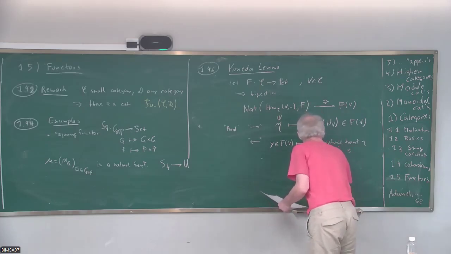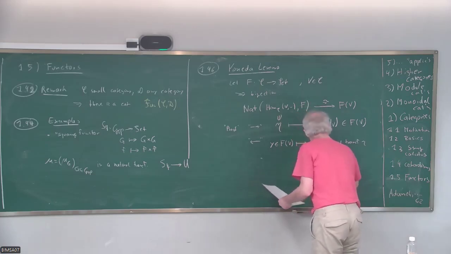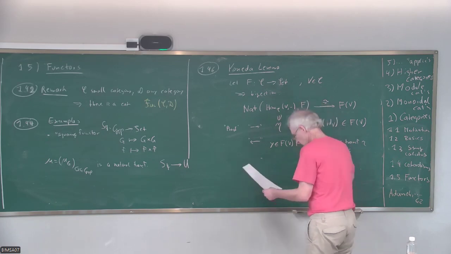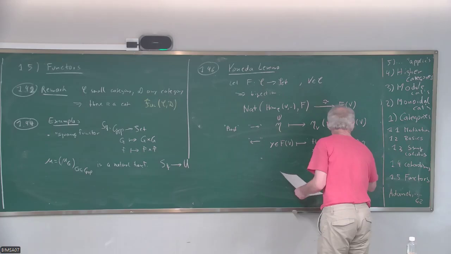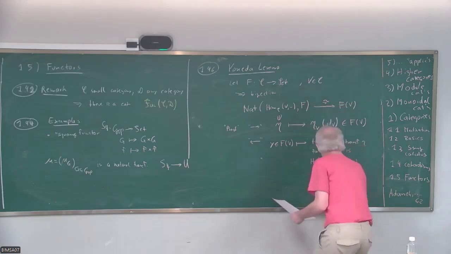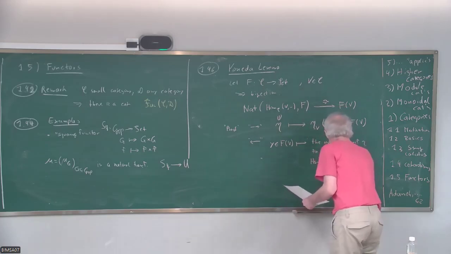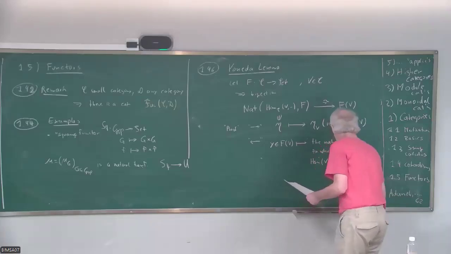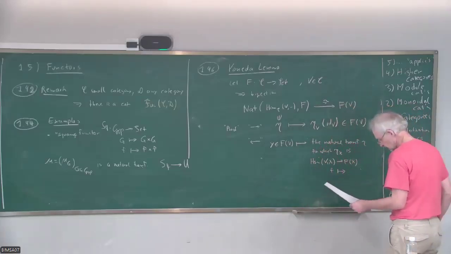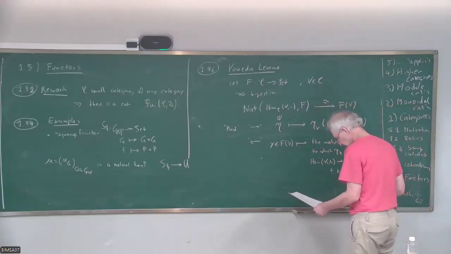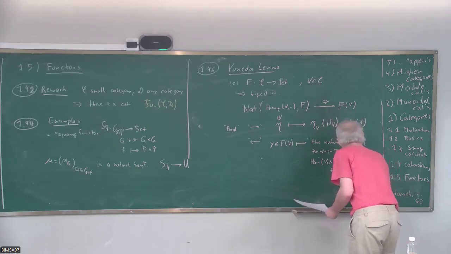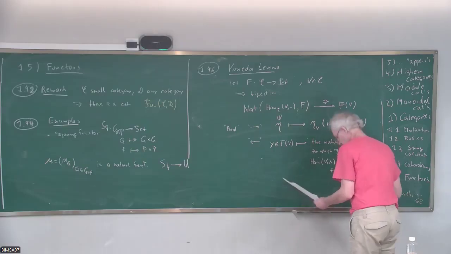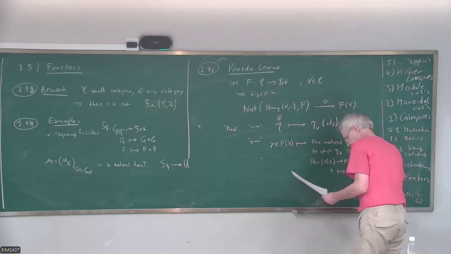So it goes from Hom(V, X) now to F of X, which sends a morphism f here to F of f applied to y.